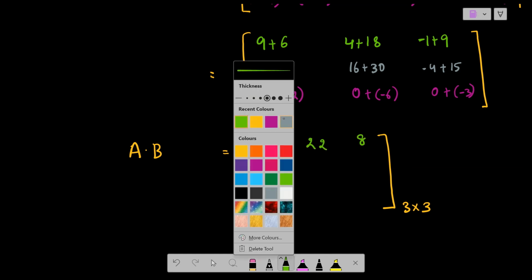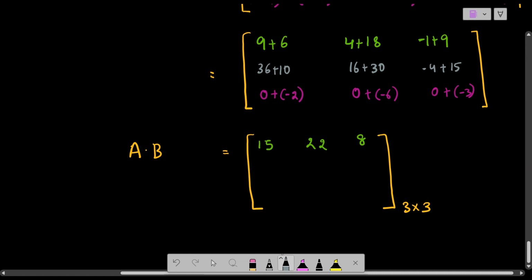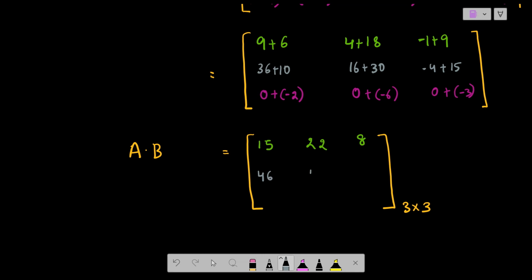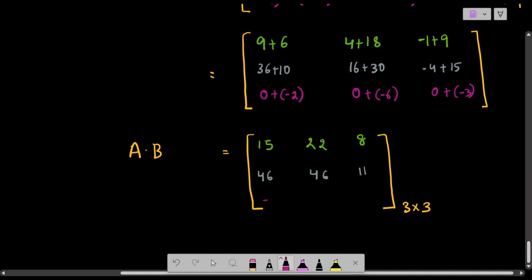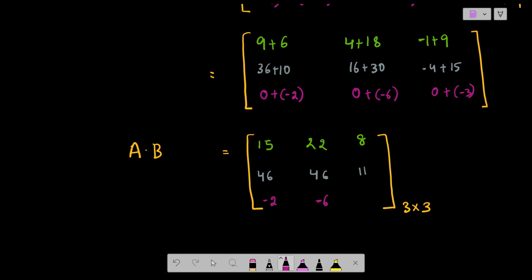Over here, coming to next, 36 plus 10, 46, 16 plus 30, 46. Okay. Minus 4 plus 15 plus 11. Understood? Next, 0 minus 2, minus 2. Here minus 6, 0 plus of minus 6 is minus 6, 0 plus of minus 3 is 0 minus 3, that is minus 3. Yes, we got a 3 by 3 matrix.